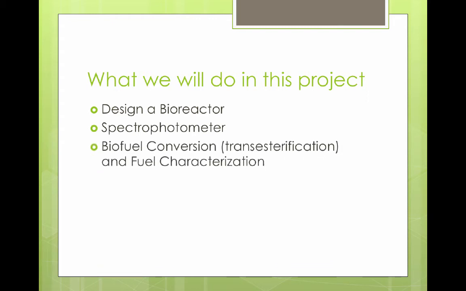And we'll also talk about biofuel conversion, which is a transesterification reaction. We're going to take some vegetable oil and turn that into biodiesel.